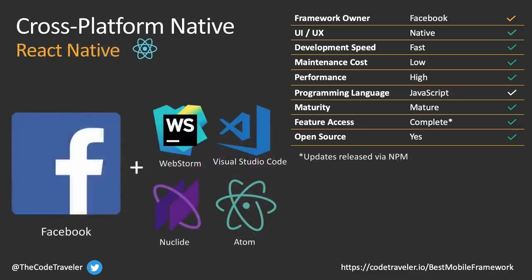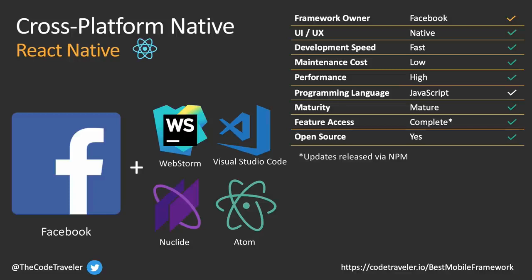React Native is Facebook's cross-platform native framework. Similar to Xamarin, Facebook also gives us access to every single iOS and Android API. So our UI and our UX is totally native. We have faster development speeds because, again, we only have to write the code once and it'll run on both iOS and Android. Our maintenance costs are low because we only need to fix the bug once in our code base.